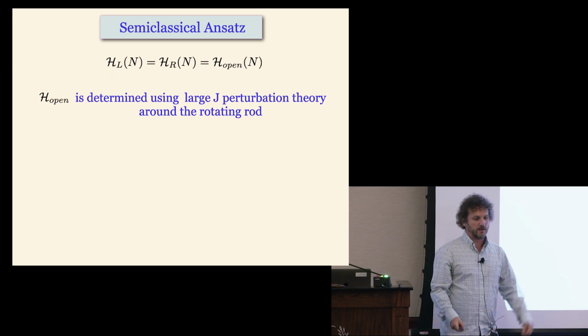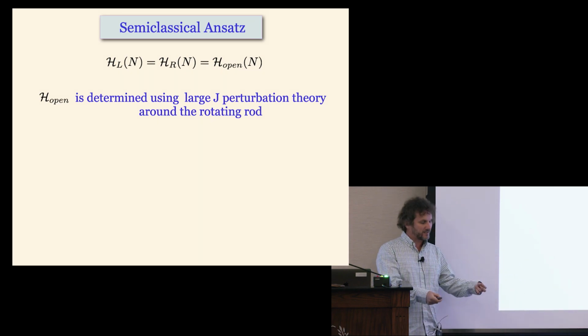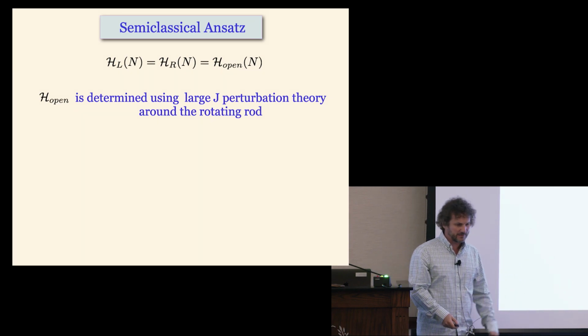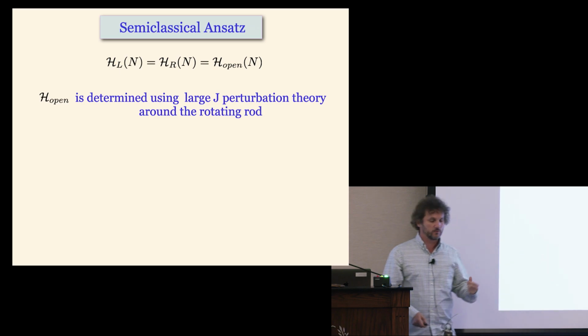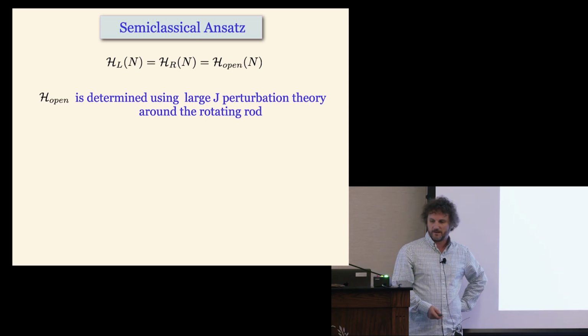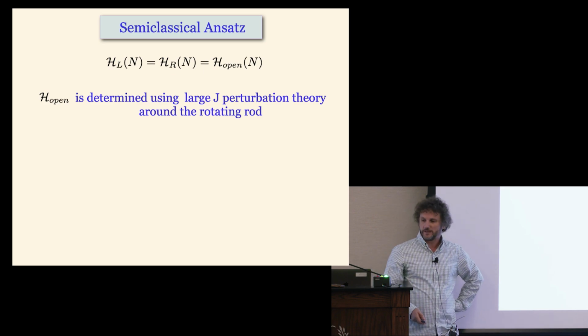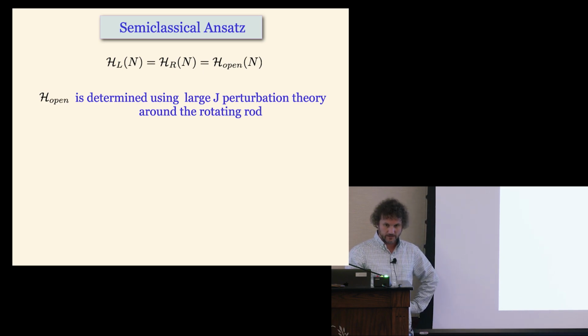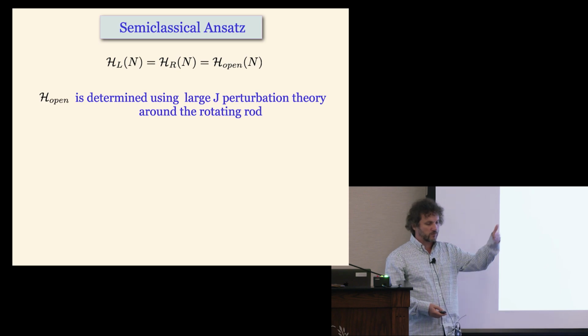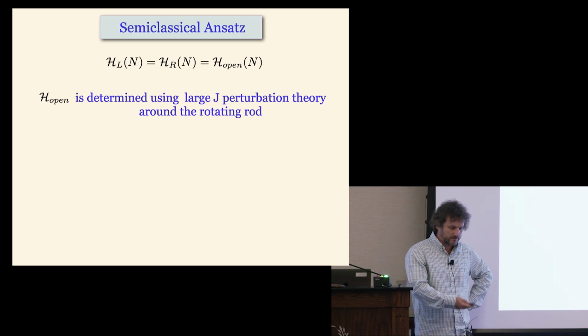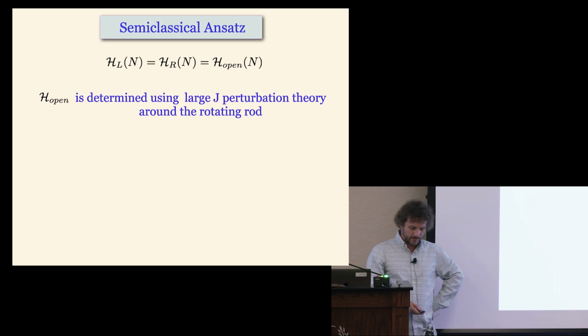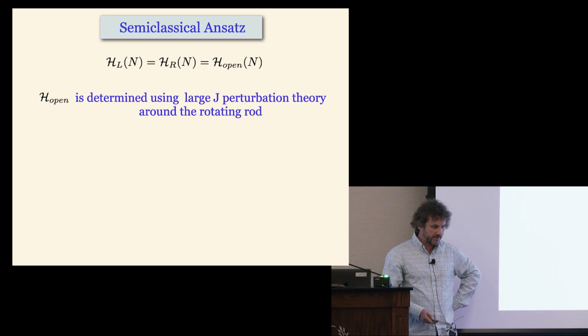So we took the rotating rod solution, not directly for closed string, but for open strings, and constructed small perturbations around that solution, and that allowed us to construct open string Hilbert space at large J.